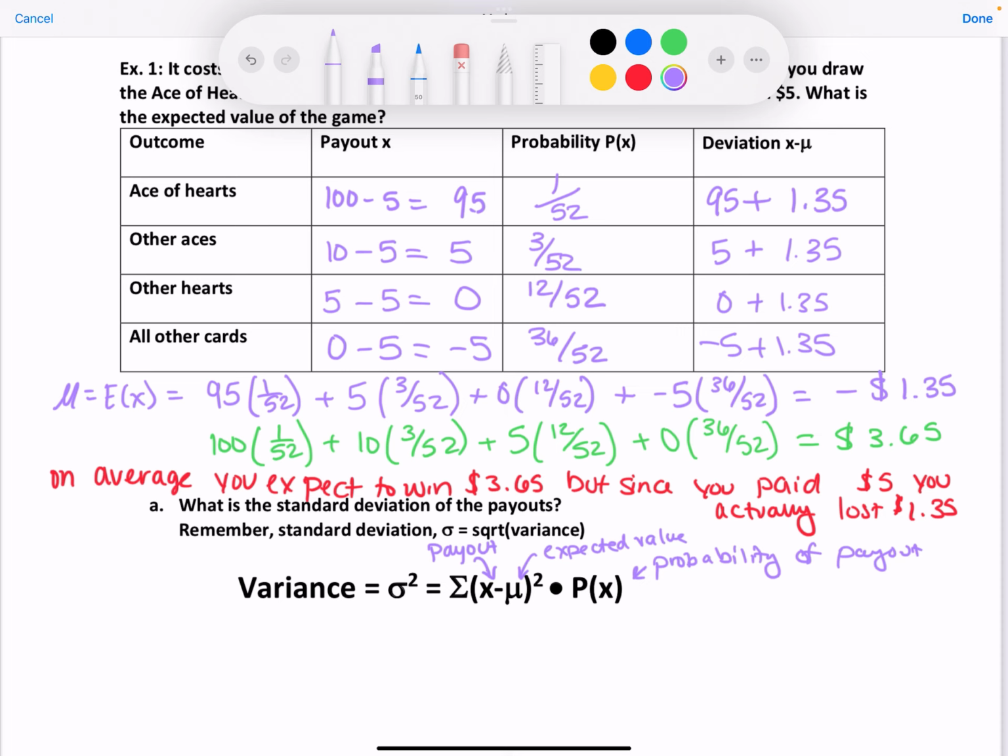So basically we have each of our deviations, because that's the x minus mu. And then we're going to be squaring those values and then multiplying them by their probability to get variance.